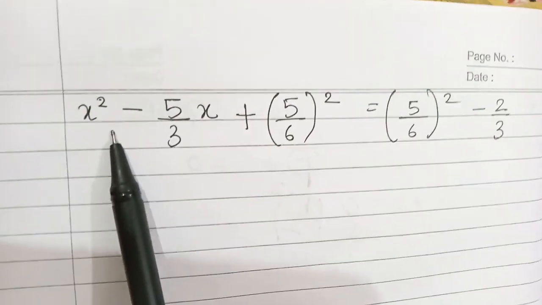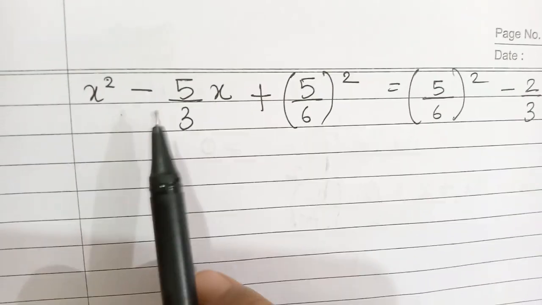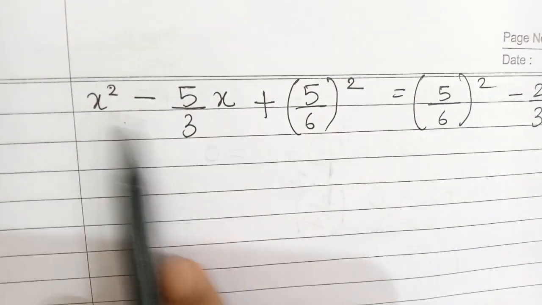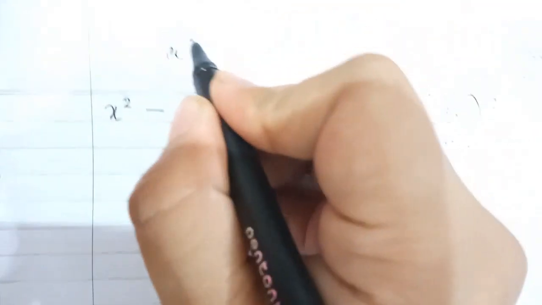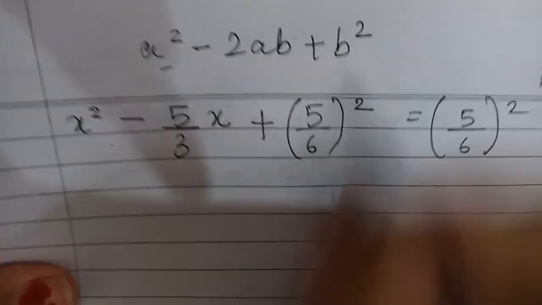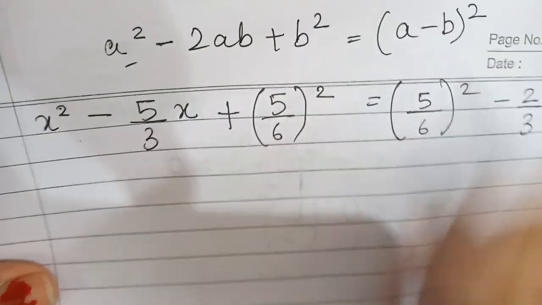Now with these three terms we have to complete the square. Now how will we make it? See, this equation can be turned into a² − 2ab + b², which can be written as (a − b)².